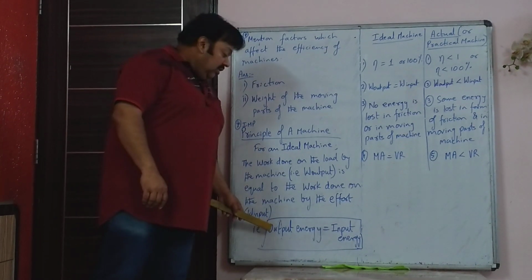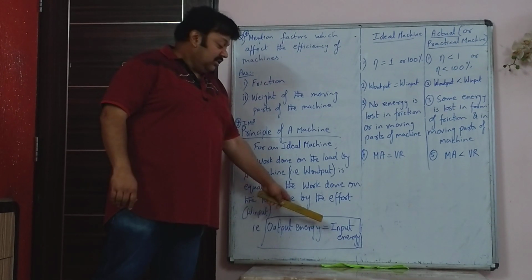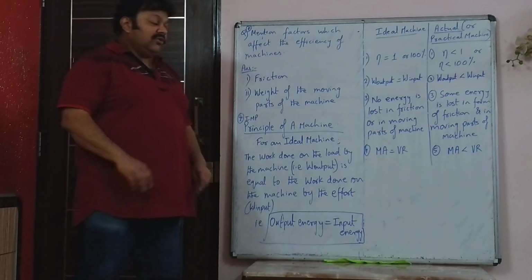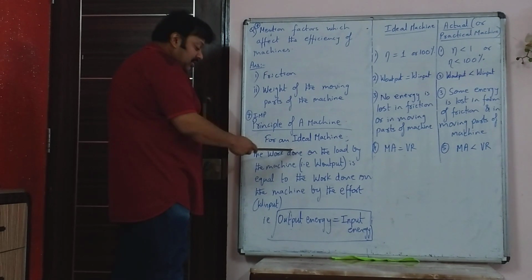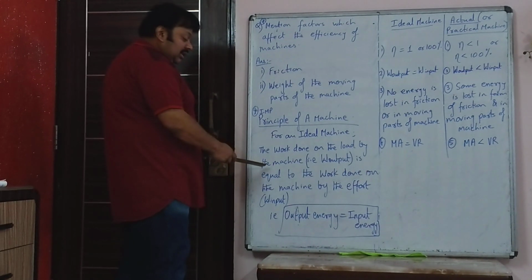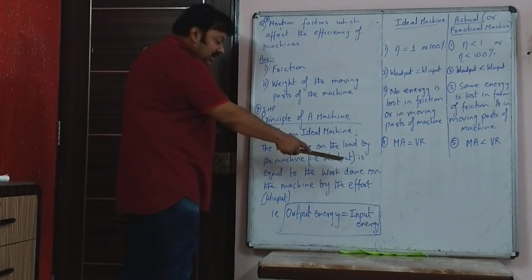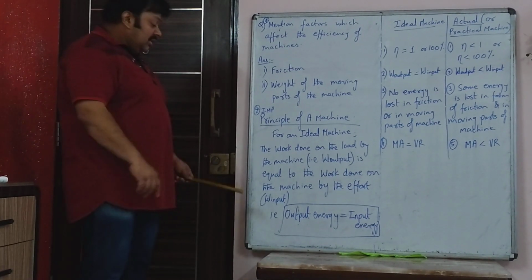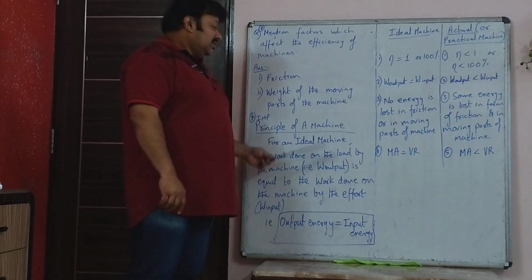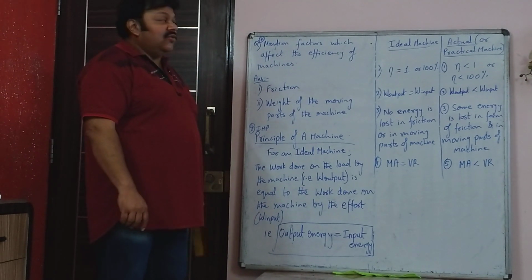So instead of work output, we say output energy is equal to input energy. So what is the principle of machine in an ideal machine? The work done on the load by the machine, that is work output, is equal to the work done on the machine by the effort, that is work input. So if they ask you, state the principle of machine.